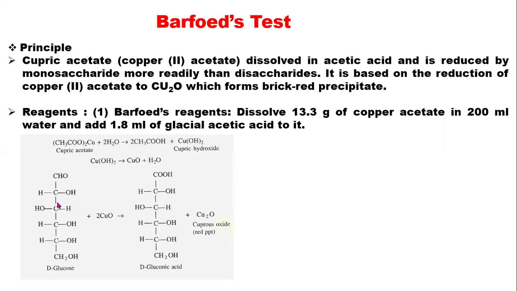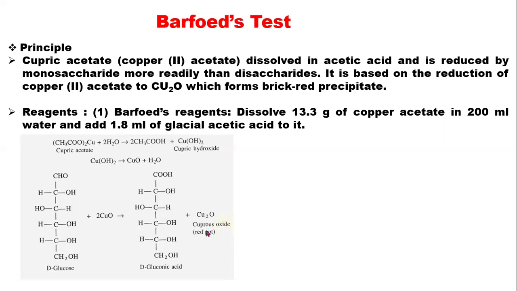So when you have your carbohydrate solution, it is the copper 2 oxide that will react to give you D-gluconic acid, which is the oxidation product. The monosaccharide is oxidized, and the copper is reduced, and you have the cuprous oxide, which is the red precipitate that you see.